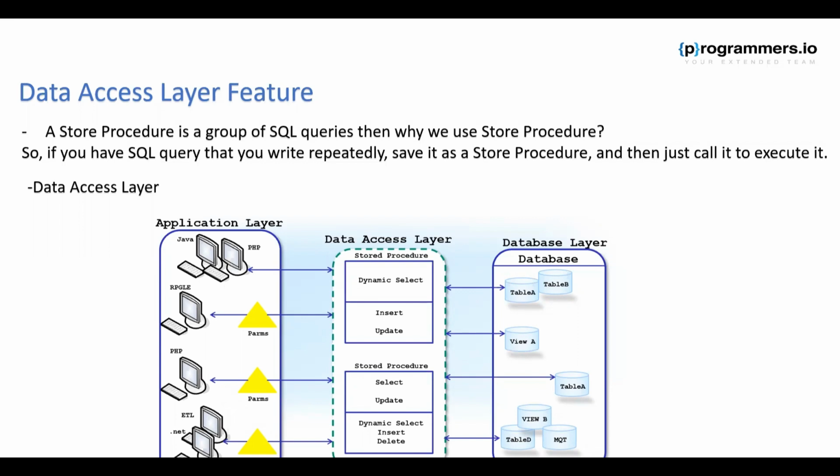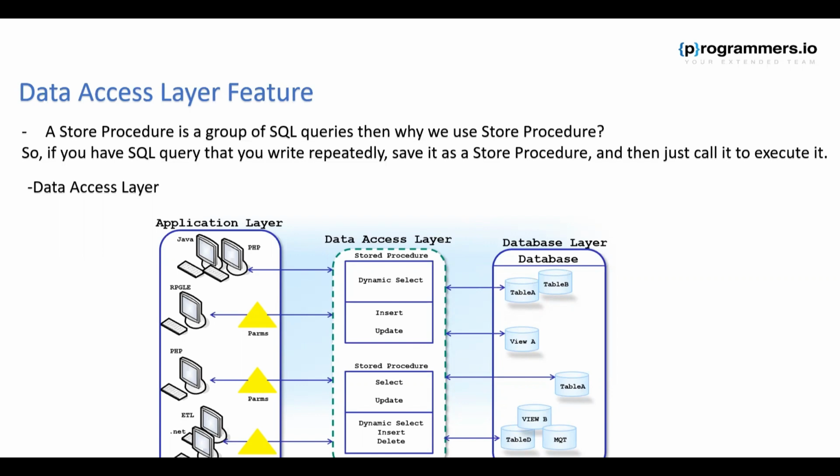Suppose that application has delete authority, meaning it can delete and update data, or if someone has the code, they can access our IBM i part also. So between them we have one thing, the data access layer. What is the data access layer? The data access layer means our stored procedures, user defined functions, SQL things.